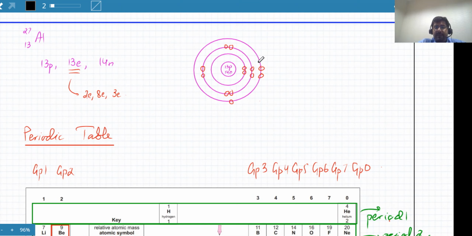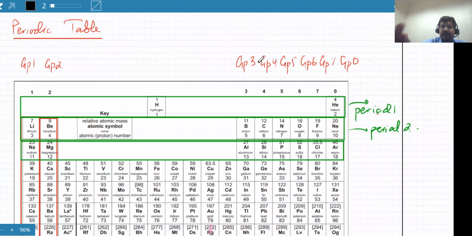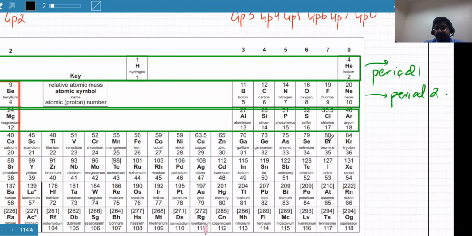That's why it's arranged according to that. If you want information about the electronic configuration of an atom, you just look at the periodic table and you'll get that information. If an element is in group 7, for example, bromine, that means it has 7 electrons in its valence shell. If an element is in group 4, like carbon, without any calculation, if it has 4 written over here, that means it's got 4 electrons in its valence shell.